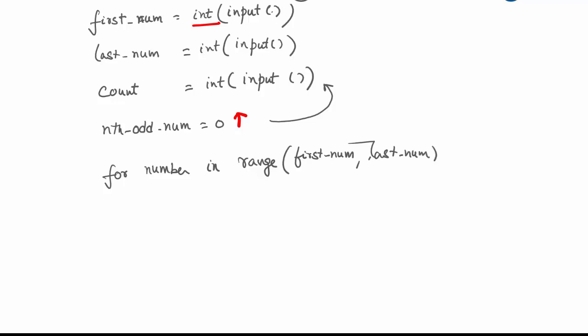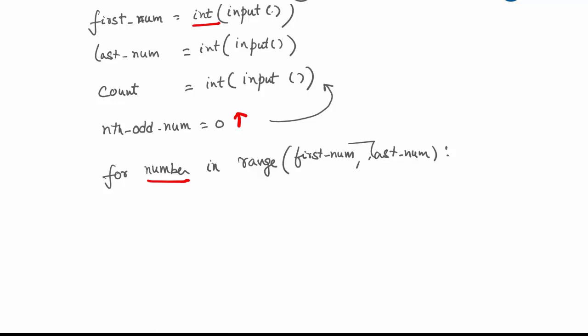So we are using the range function to create that range of numbers so that the for loop can iterate over all those numbers. So within that loop, the number variable will always be pointing to one number within that range. And every time the for loop iterates, it goes to the next number, the next number, the next number, right?